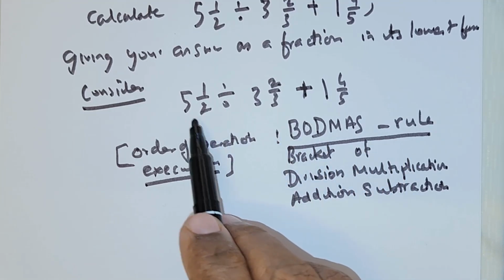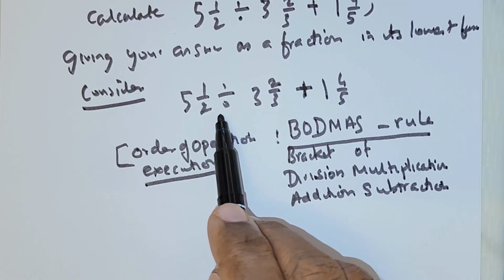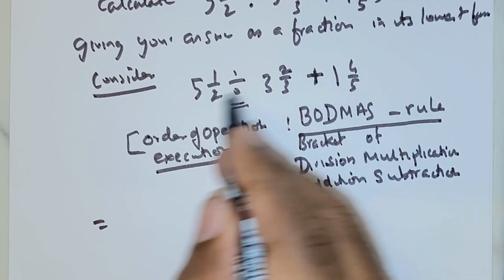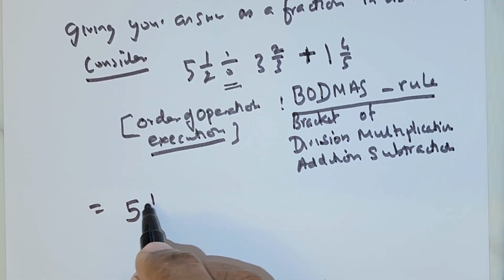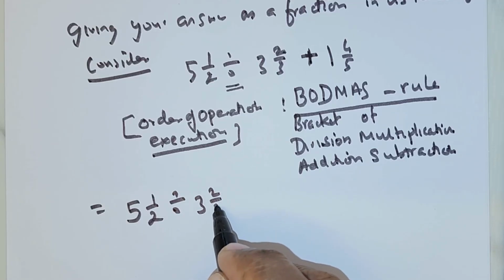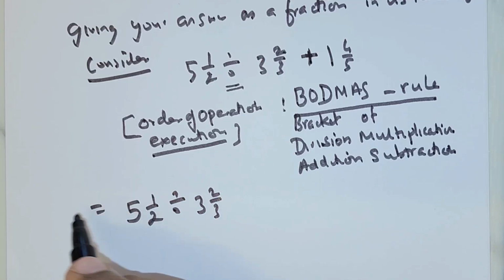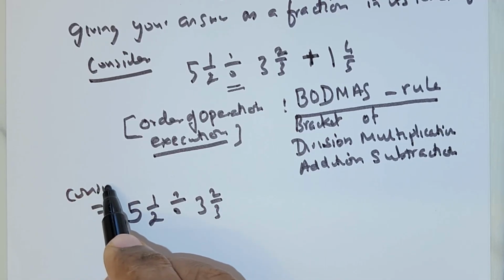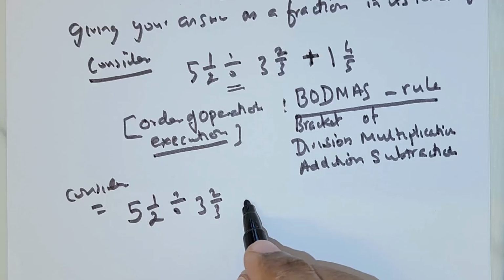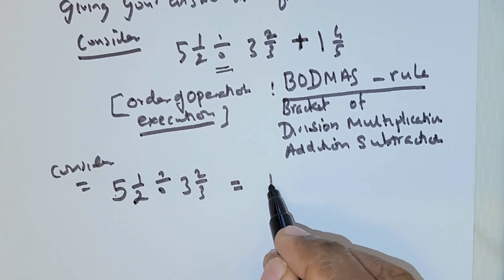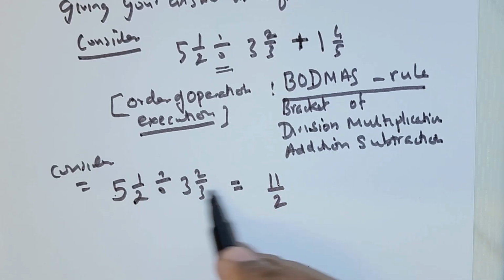I do not have brackets, but I do have a division operator, so this precedes. So this entire expression is rewritten as 5 1/2 divided by 3 2/3. We will evaluate this. 2 times 5 is 10, added with 1 is 11 over 2.